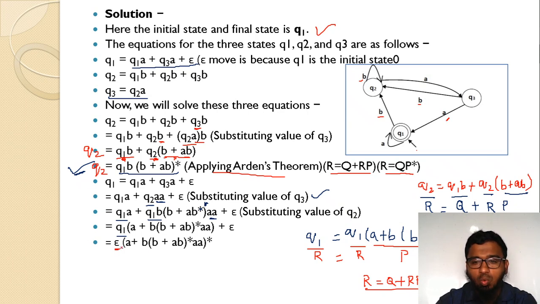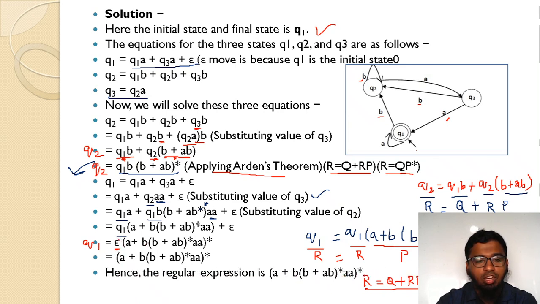So what is our R here? Q1. So Q1 here is equals to epsilon, which is Q, and P closure. P closure means whatever you have as P, then again you need to give the closure to it. So this is the equation. Next, is there any possible simplification?